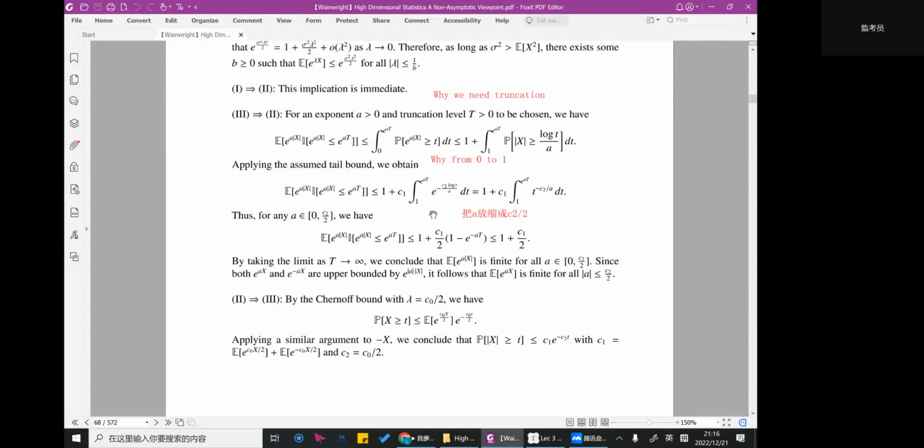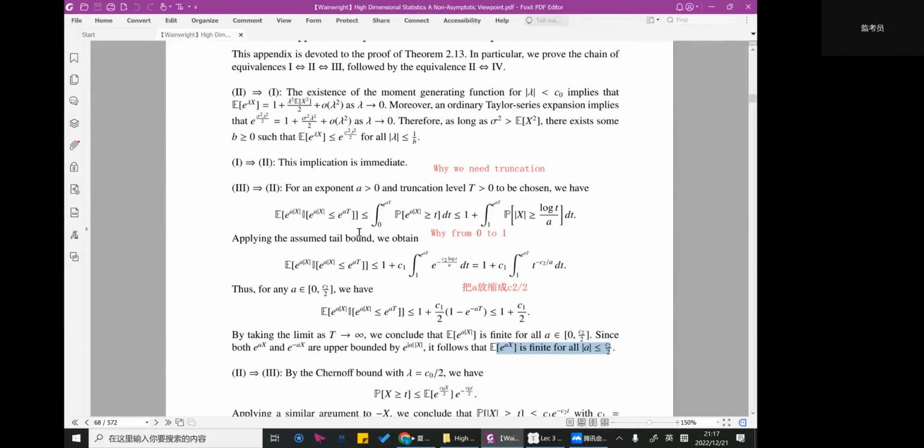This is based on direct calculation, and this inequality comes from letting a go to the upper value of c2 over 2, you get this. And finally, by taking the limit as t tends to infinity, we get that the expectation is finite. Finally, we get the result we desire.